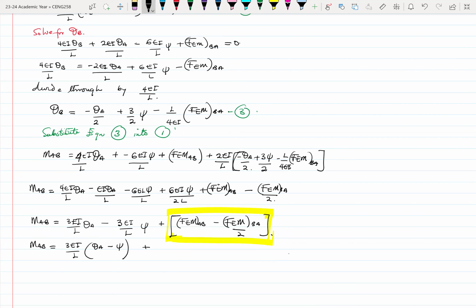But if you have a pin support, because at a pin support the moment is 0, it simply means that if you have any load on the structure and you want to find the end moment, only the FEM AB will be there, but the fixed end moment BA will be equal to 0.